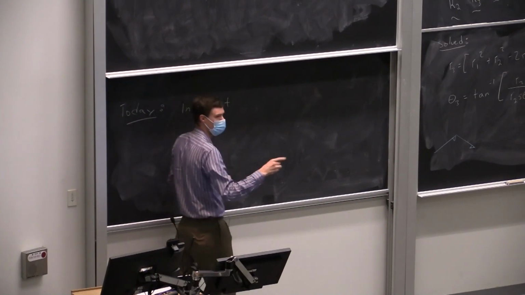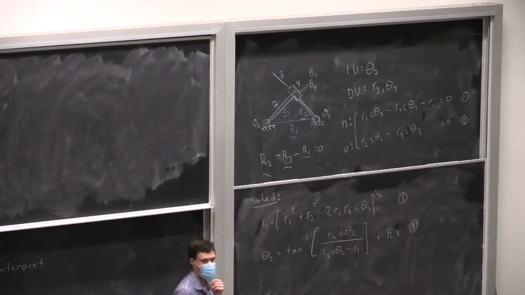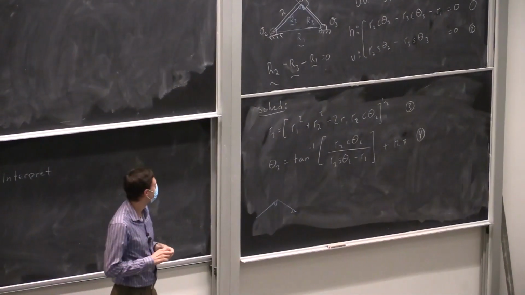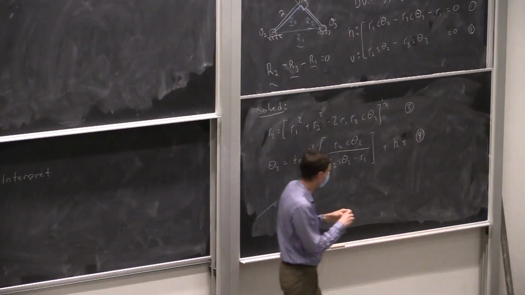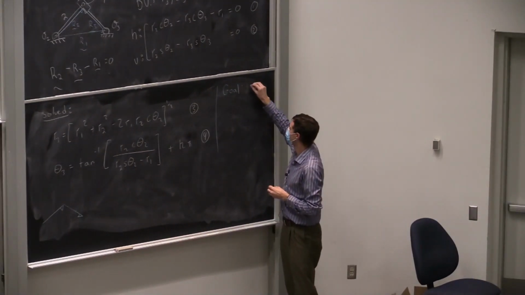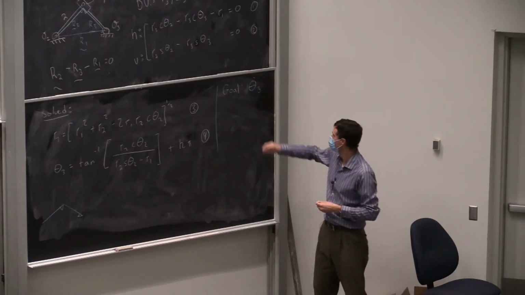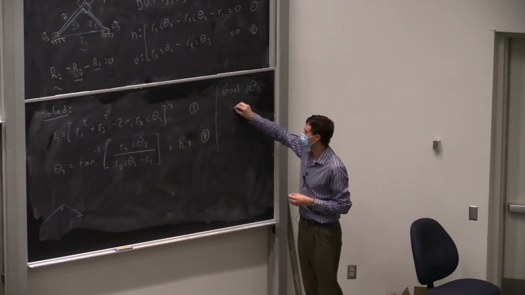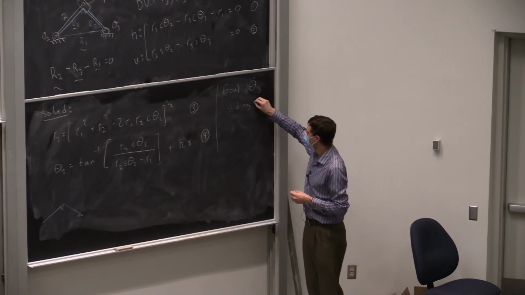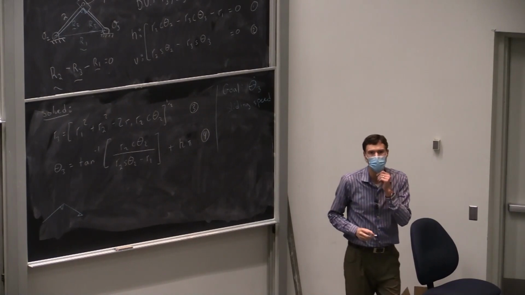So we're going to come back to this question, how we draw those vectors and how that affects our answer. Our goal from this problem was to find theta 3 dot, the rotation rate of our output link, and to find sliding speed, which had something to do with R3 dot.